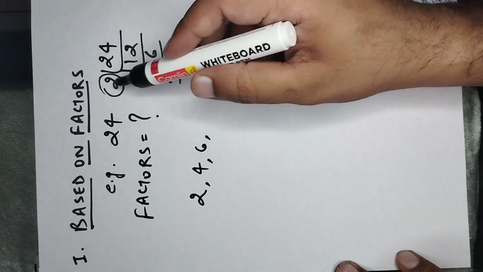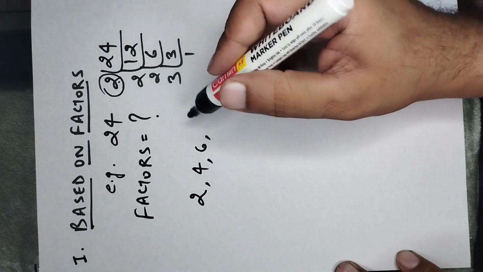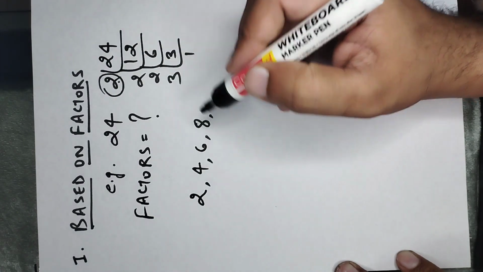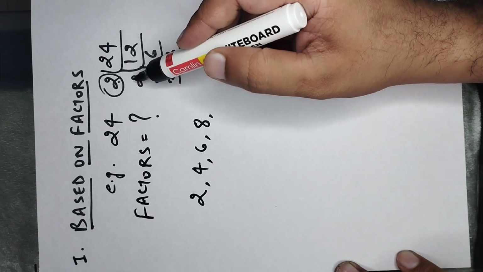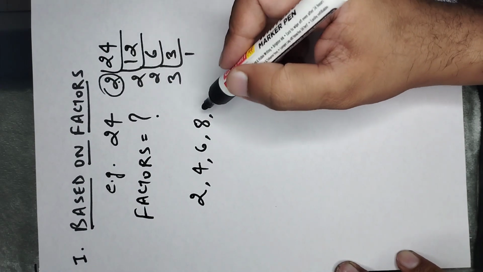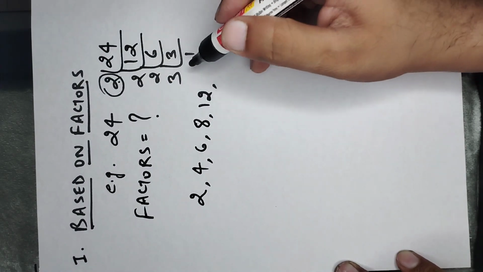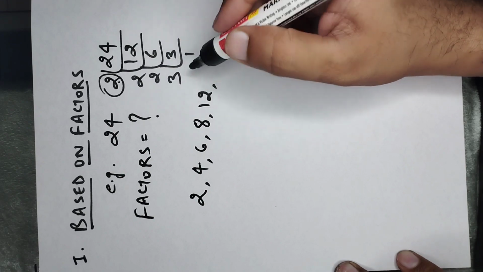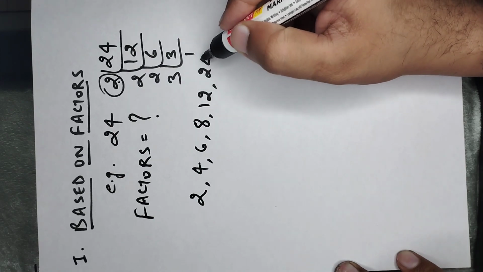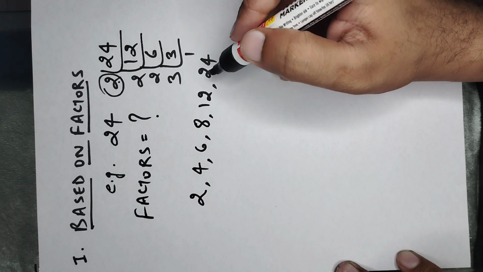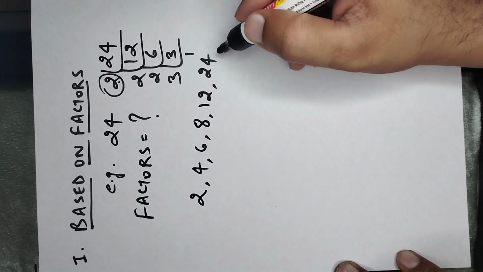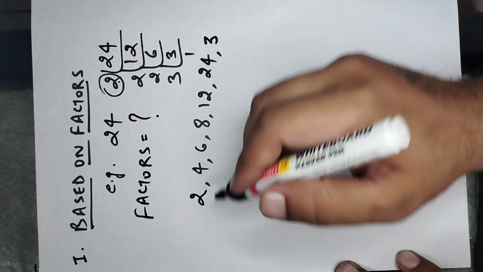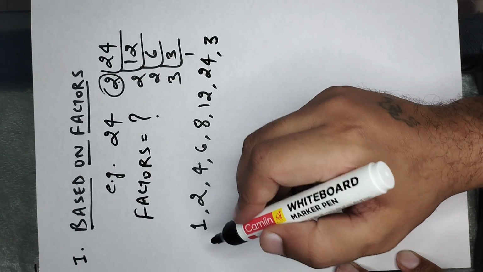Then multiplying all these 2's, I get 8. Then multiplying this 2 four times and then with this 3, I get 12. And 24 is also a factor. Then there is one factor that is 3, and one more factor that is 1.